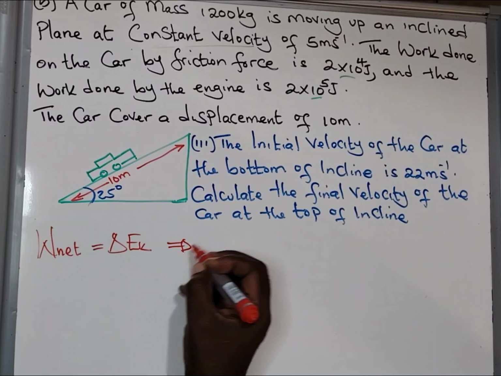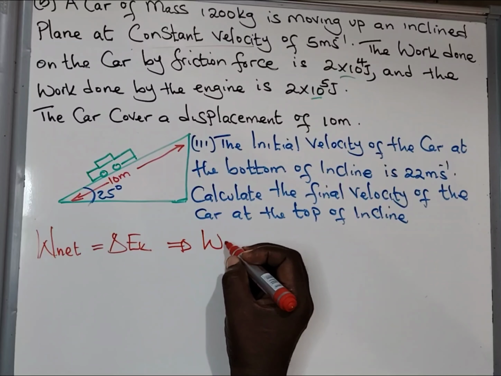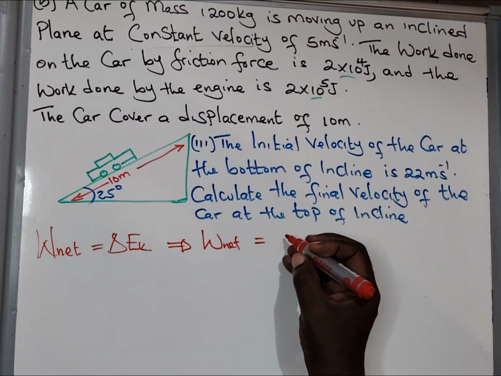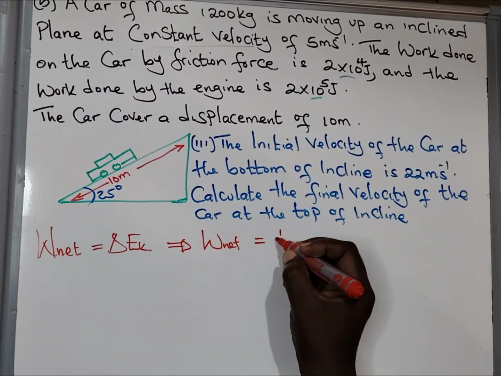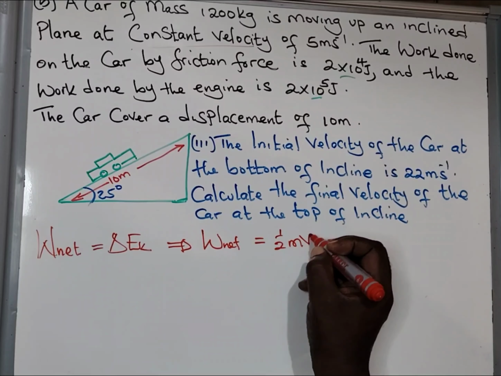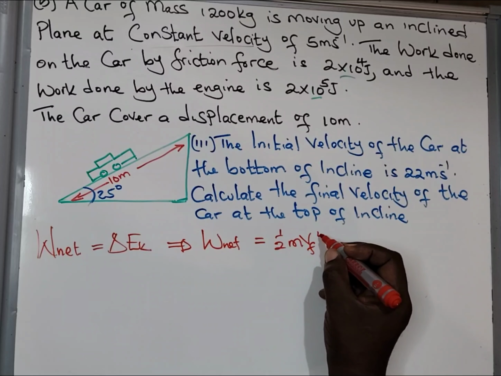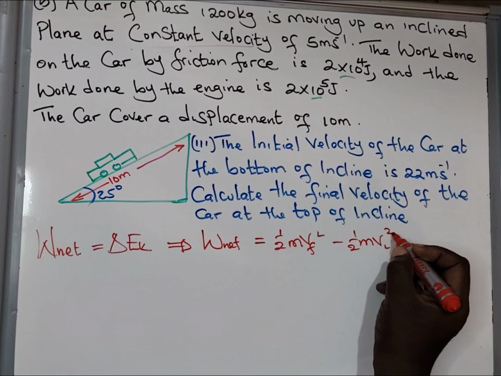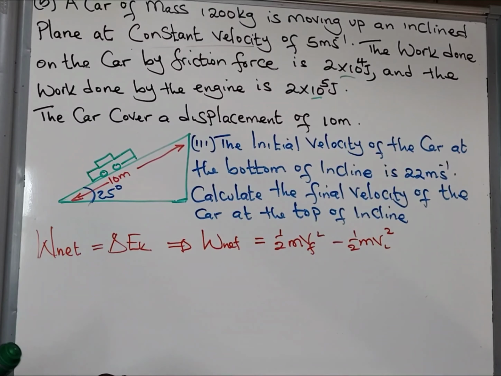What does this mean? It means that net work done on the car is equal to a half m vf squared minus a half m vi squared.